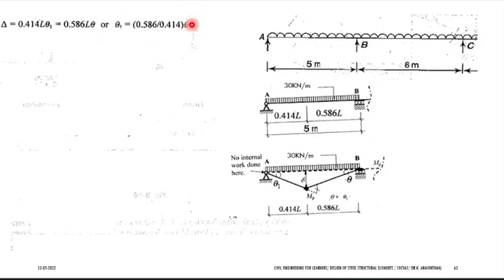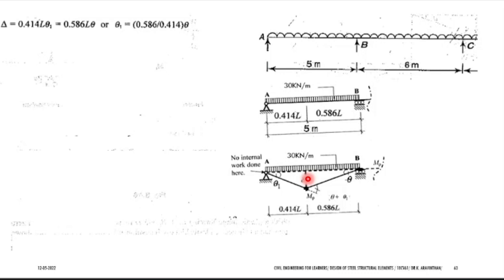For finding the external work done, it is load into distance. Whatever is the distance here, this is the formula to find. In case of UDL, it is load into area. So your formula is not load into distance, your formula is load into area. For point load, what is the formula? Load into distance. For UDL, load into area.